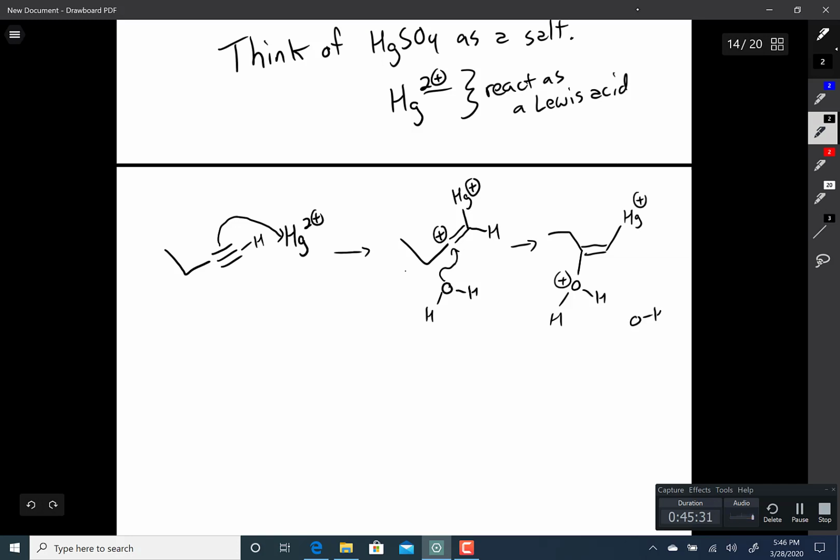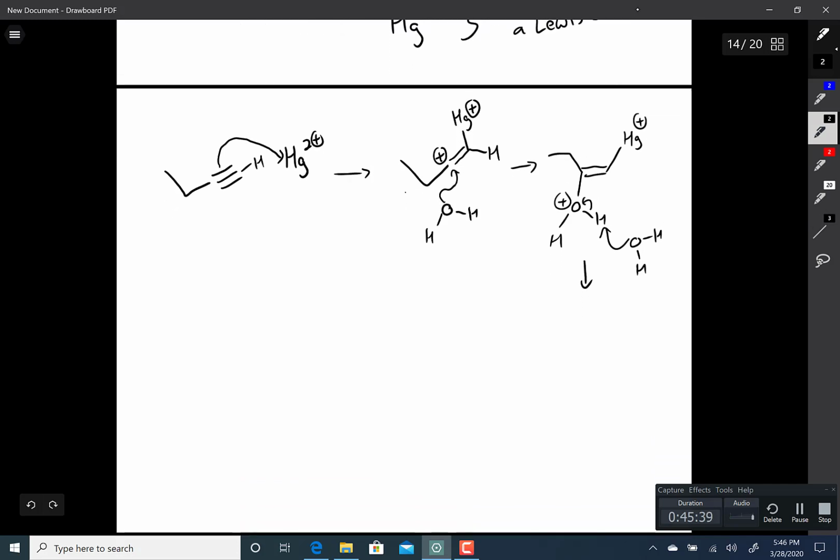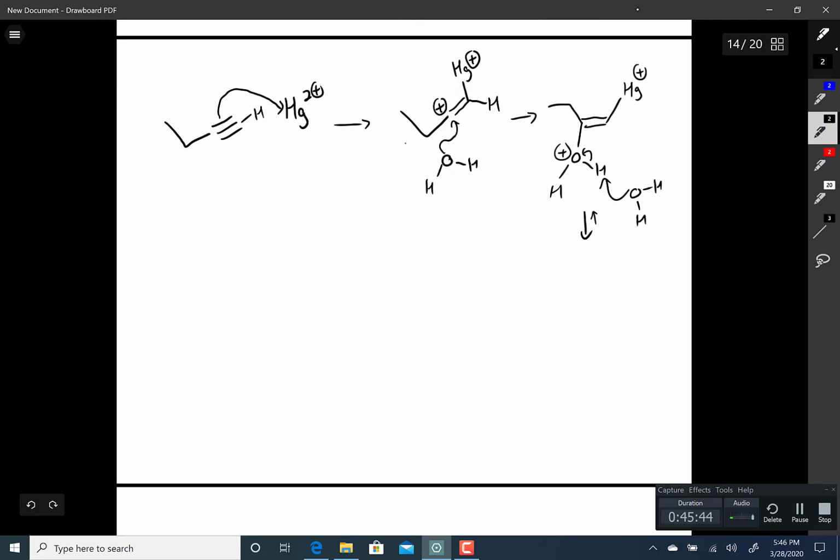Then water takes the proton off. Again, we're not going to worry about the reversibility of these reactions.